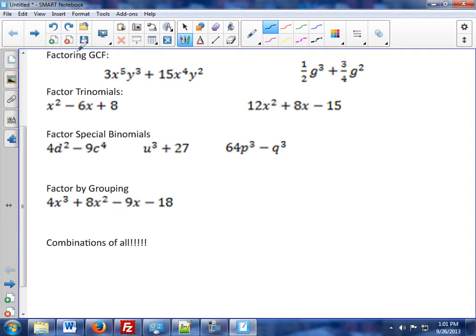The first one right here is a GCF. Well, I know 3 goes into both of them. x to the 4th will go into both of them. And y squared.